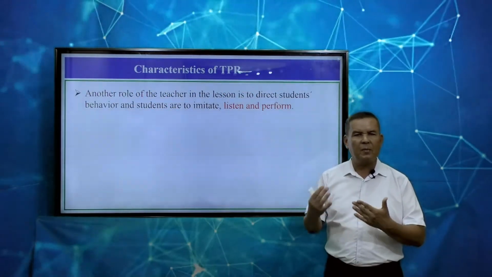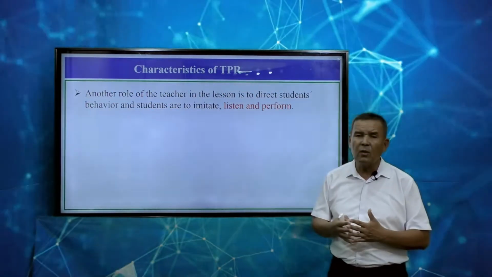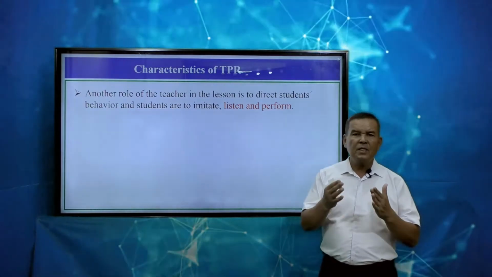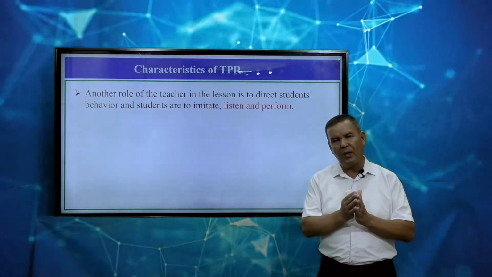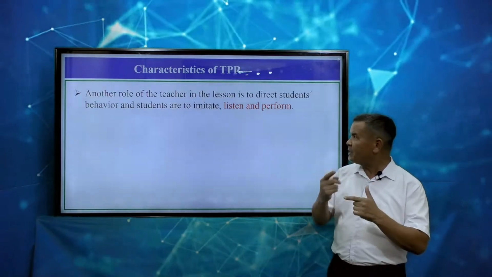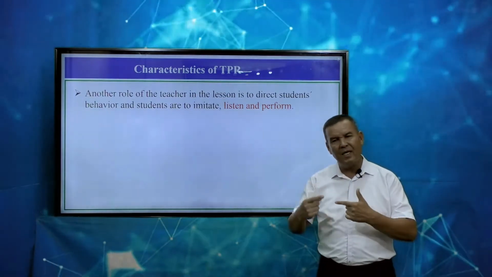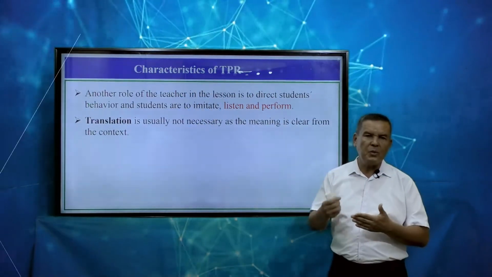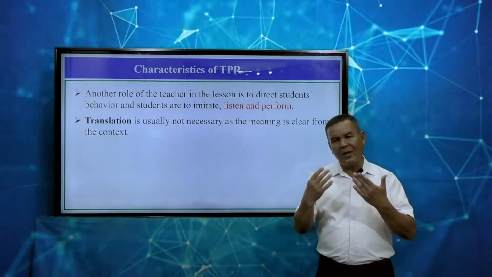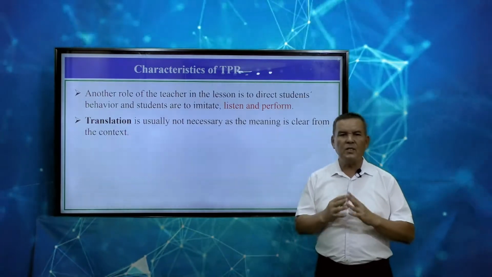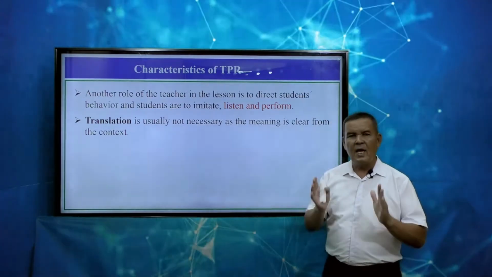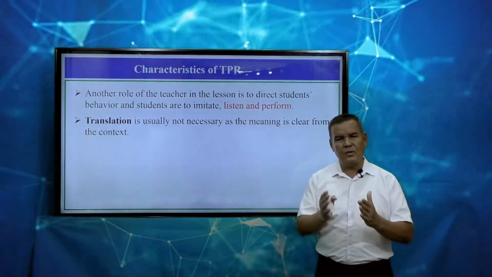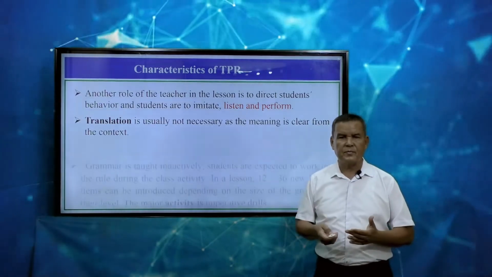Characteristics of the TPR method. Another role of the teacher is to direct students' behavior, and students are to imitate. They should listen and perform the action. When you use the TPR method in your classes, translation is usually not necessary as the meaning is clear from the context, from your action.